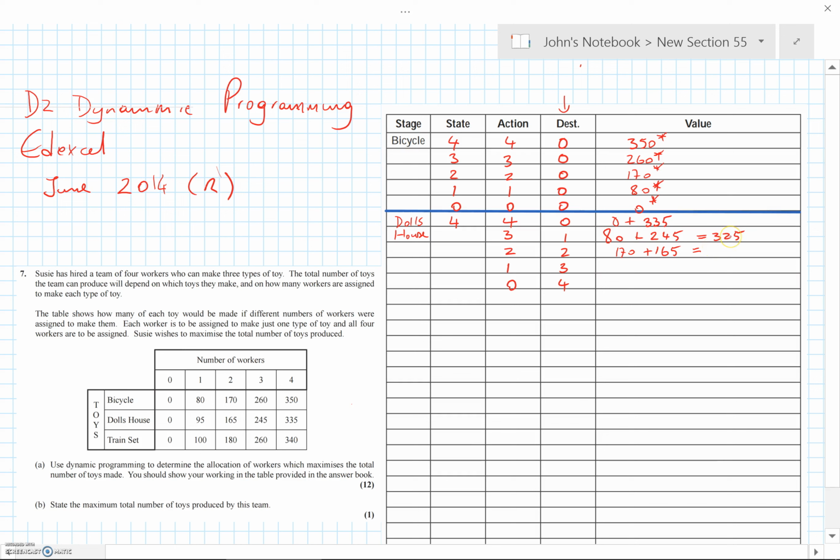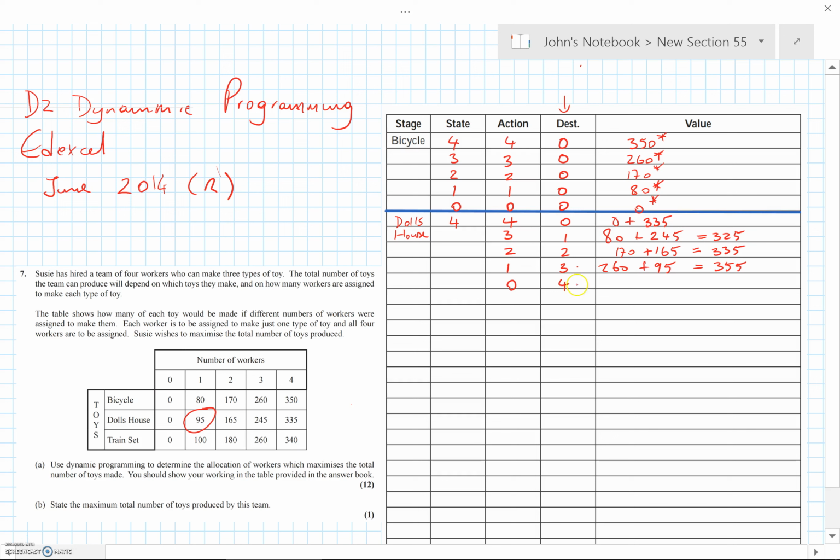That's 335. Now for the next one, it's destination 3, so that means it's pulling down the state of 3 from before. That's 260. But 1 is doing that, that's 95. So that's 355.